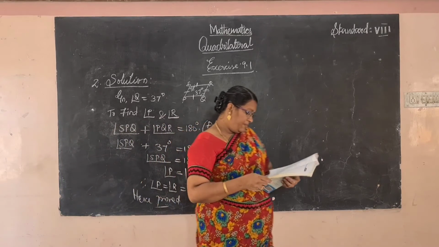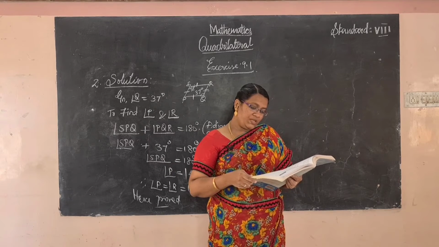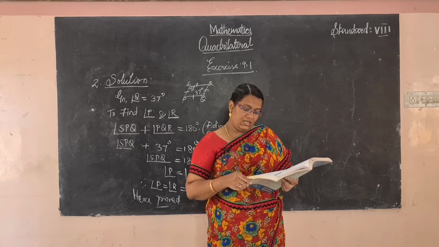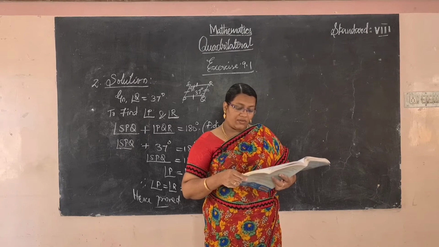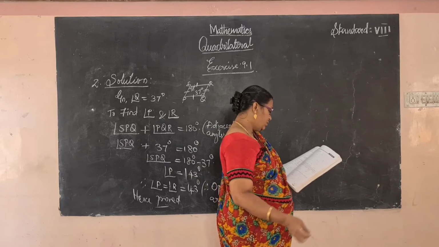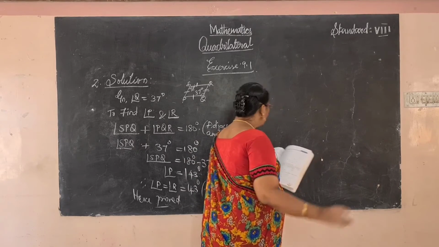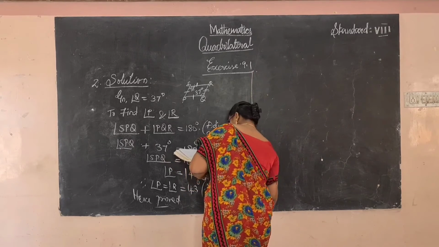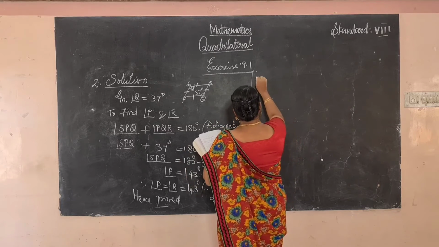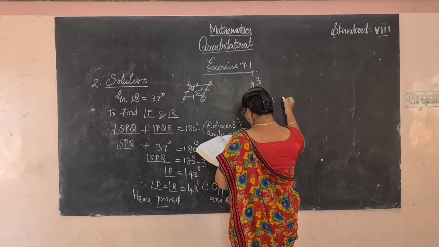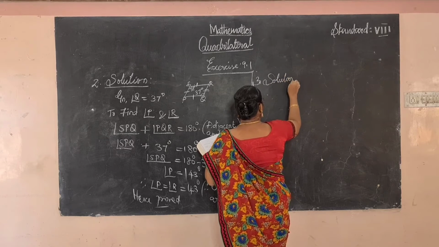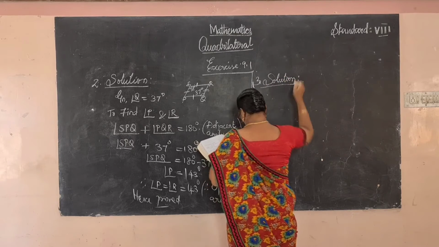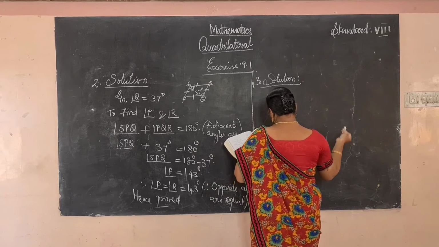And next one, third problem. The sum of two opposite angles of a parallelogram is 120 degrees. Find all the angles of the parallelogram. Here the sum of two angles is given. Third one, sum of two opposite angles.